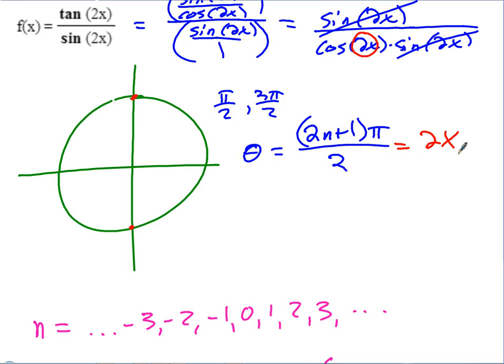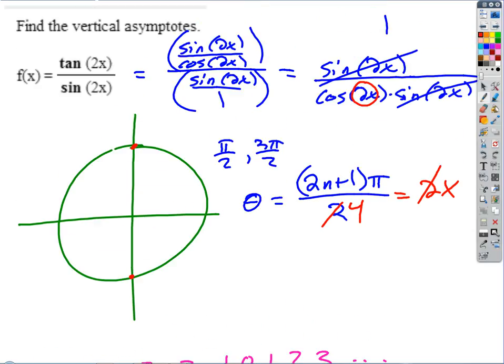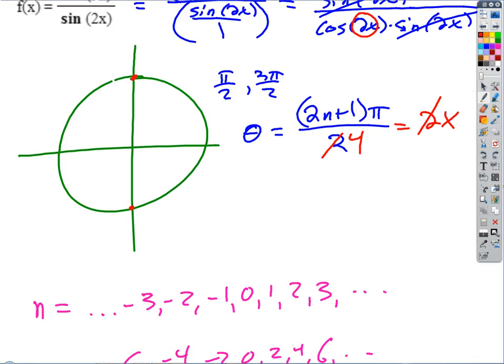If I just divide both sides by 2 or multiply both sides by 1/2, same thing, that's just going to make that a 4 on the bottom. Make sense? So my answer then, if I want to find out all the vertical asymptotes, it's going to be at 2n plus 1 pi over 4. Okay? Make sense? Yeah. Questions on that?